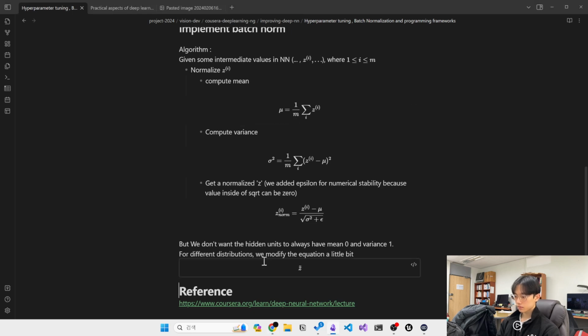So what we'll do instead is compute z tilde equals gamma z_i norm plus beta. And here, gamma and beta are learnable parameters of your model.